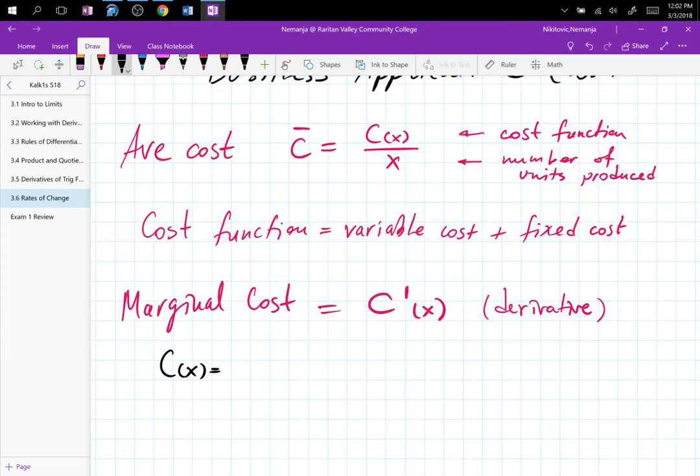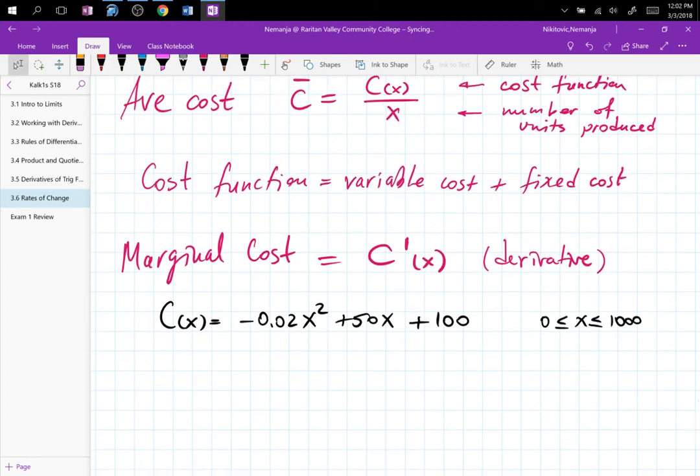So cost is given as negative 0.02x squared plus 50x plus 100, if we are making 1,000 units. They want us to figure things out in terms of marginal cost, average cost, and then compute those and interpret those at 100 units and 900 units.